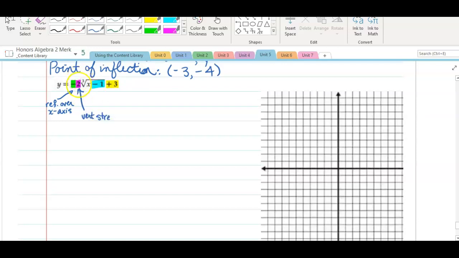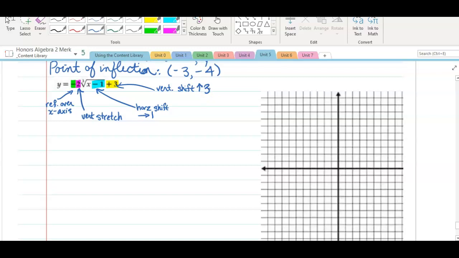Now, if this number here is a fraction between 0 and 1, that's going to be a vertical compression. It kind of flattens it out. This number makes us go horizontal shift right 1. This tells us it's a vertical shift up 3.